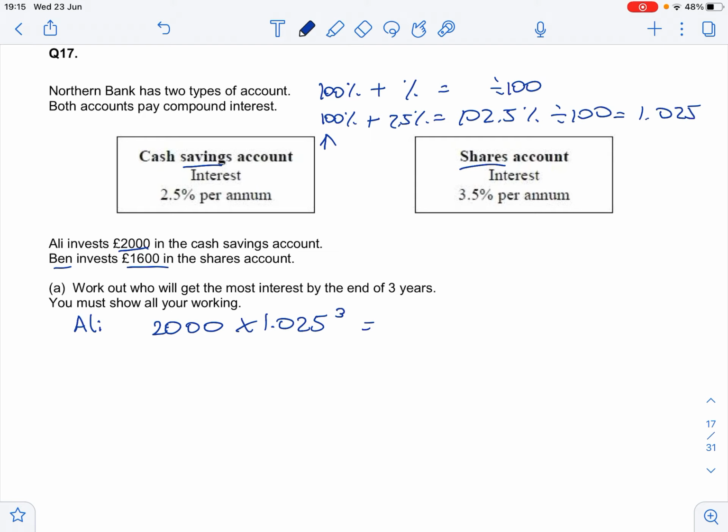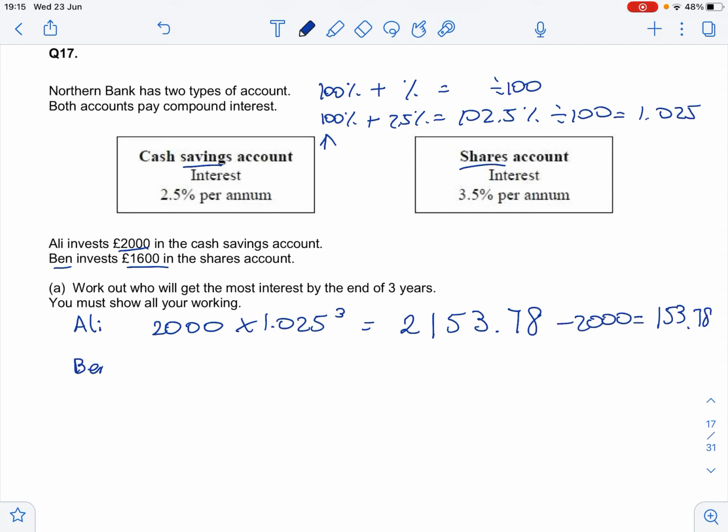So at the end of year 3, Ali will receive £2,153.78. And how much interest would that be? So it would be that take away 2,000. So she will receive 153.78.